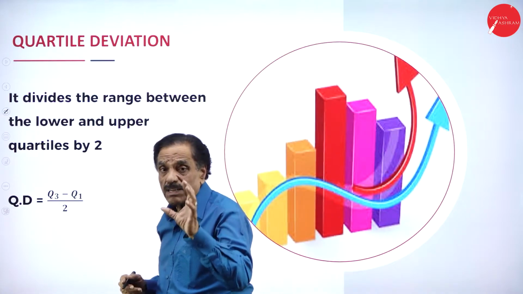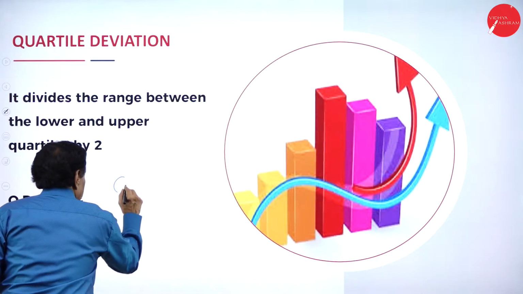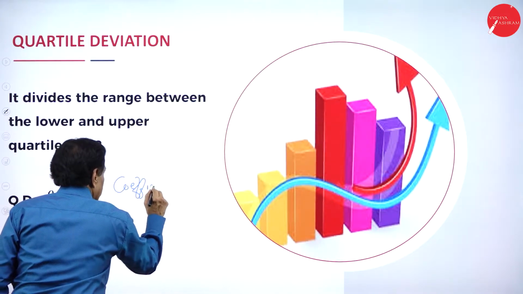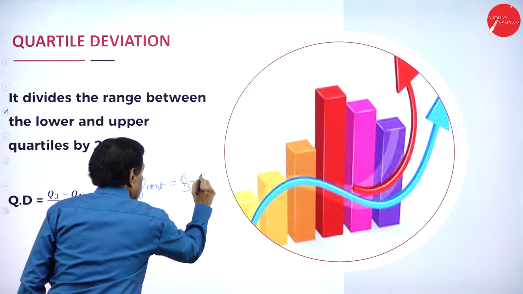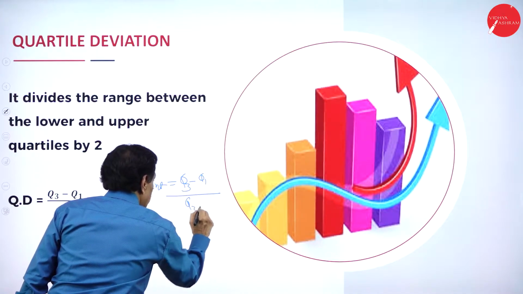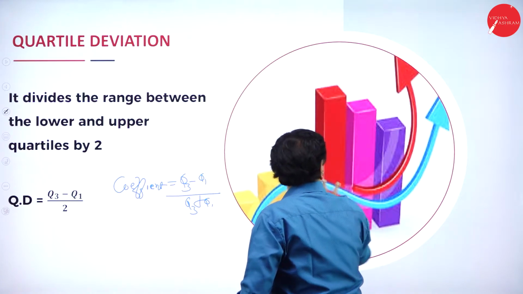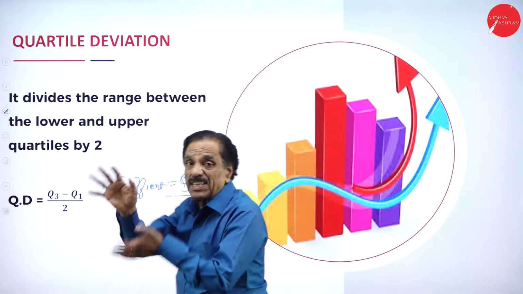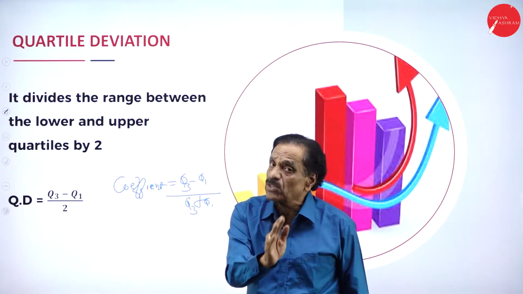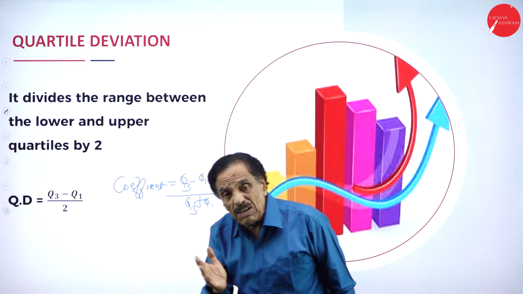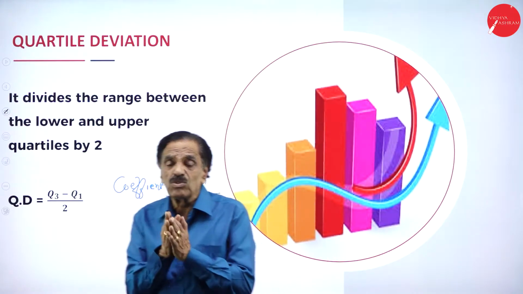If they ask for quartile deviation in the examination, this is the formula. If the word coefficient comes, then the formula is Q3 minus Q1 divided by Q3 plus Q1. If you are asked only for quartile deviation, it is Q3 minus Q1 divided by 2. If they ask for coefficient of quartile deviation, the formula is Q3 minus Q1 divided by Q3 plus Q1.